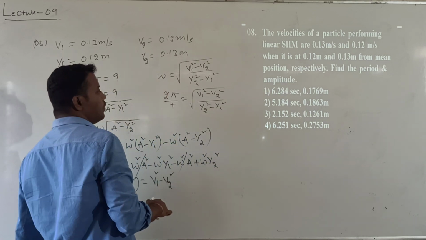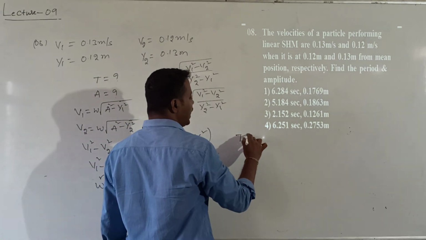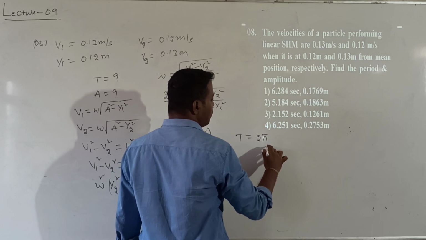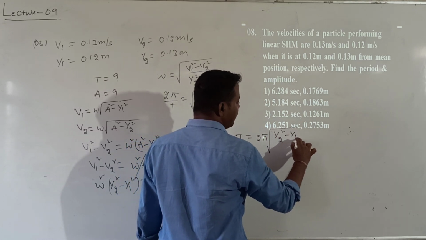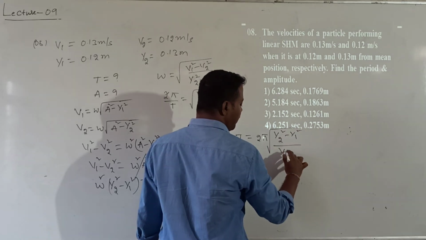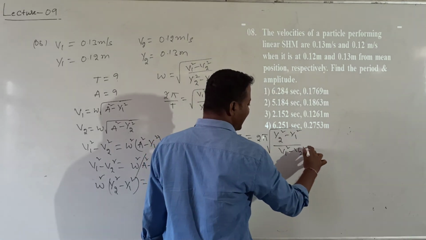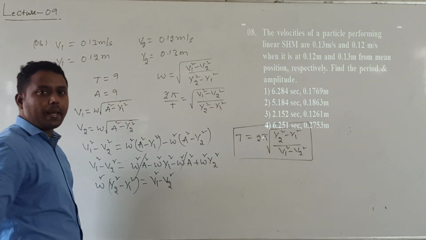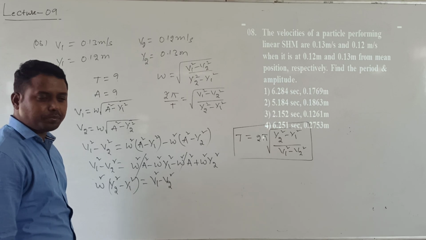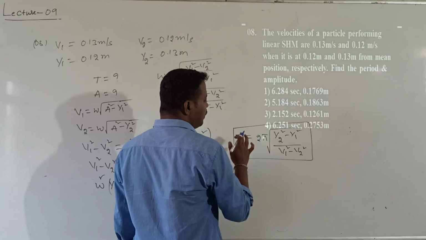So from this, what is the formula for T? T is equal to 2 pi into root over y2 square minus y1 square by v1 square minus v2 square. Derivation is not necessary; at that time I gave the formula directly. Now you can derive this. This is the formula for T.